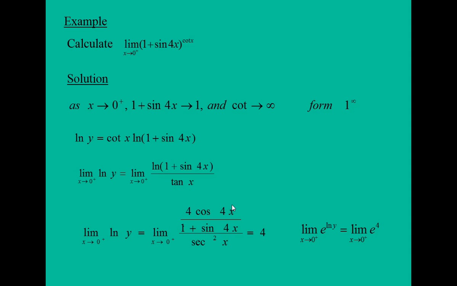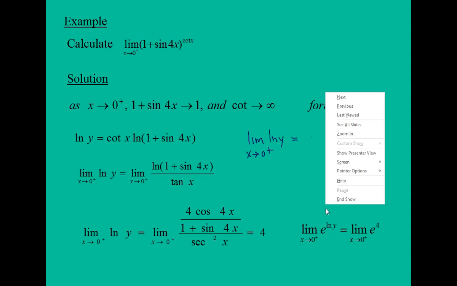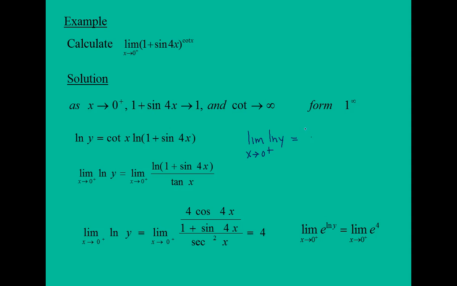We have right now the limit of the ln of y as x approaches 0 from the right equals 4. And I forgot my limit. The limit as x approaches 0 from the right of 4.